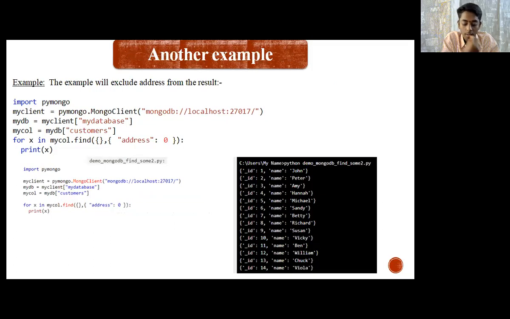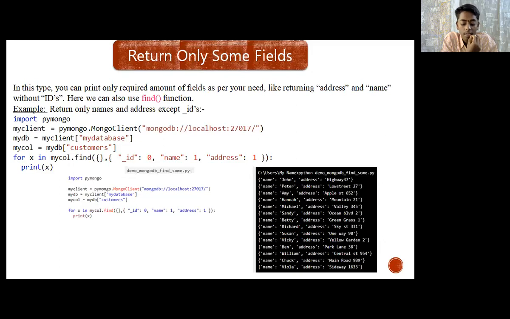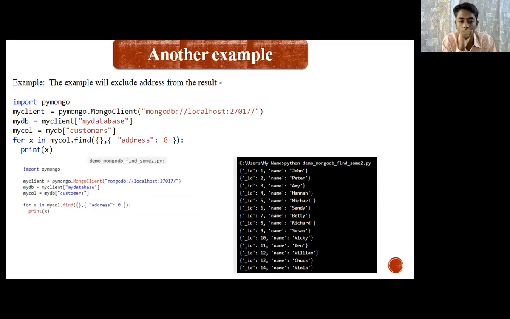Another example of return only some fields. The example will exclude address from the result. So here, as we have discussed earlier, we exclude any one field from the list to get the output. All those 4 lines are as in any program.